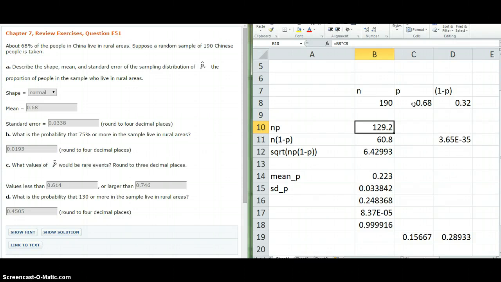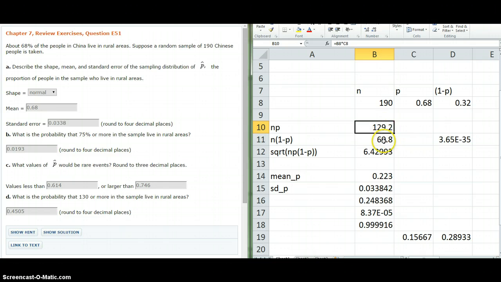What's this 129.2, this NP? Well, if I take the total number in my sample times the proportion of the population that's from rural areas, I should get my estimated number of people in my sample who are from rural areas. So this is a proportion, this is the actual number of people.